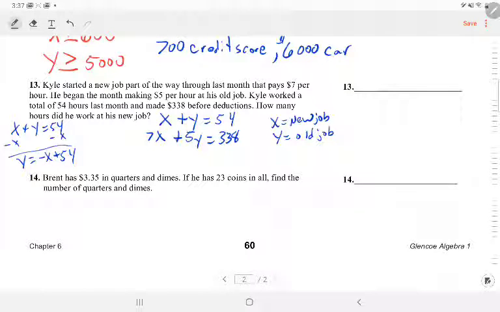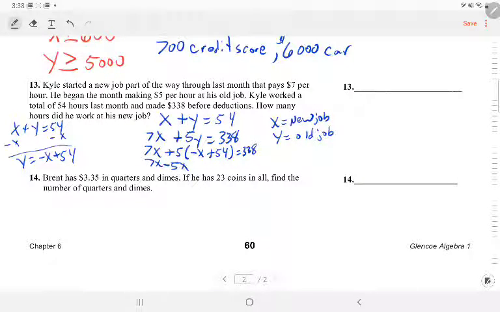So now I can use substitution, and I can substitute it in for the y. So I could say 7x plus 5 times negative x plus 54 equals 338. Or 7x plus, 5 times a negative x would be minus 5x.